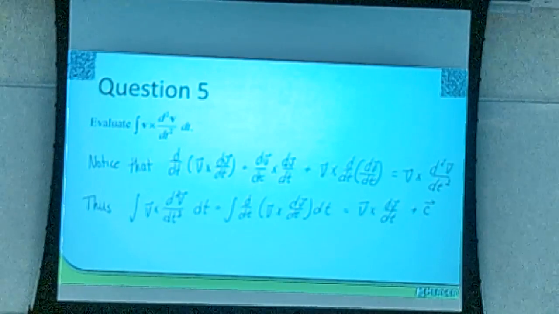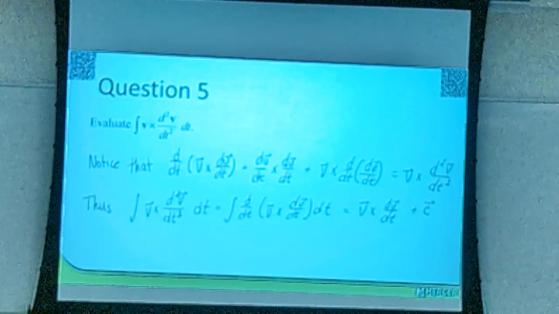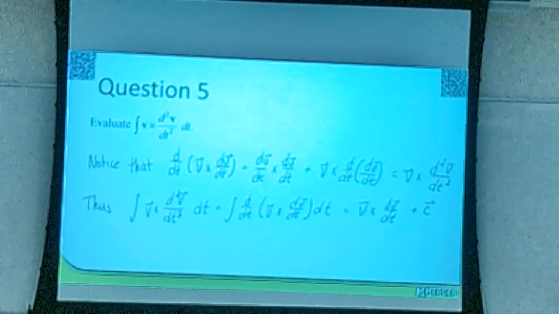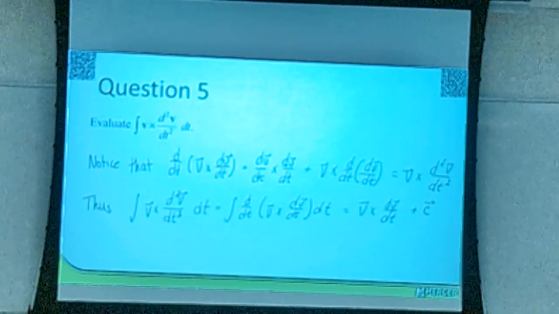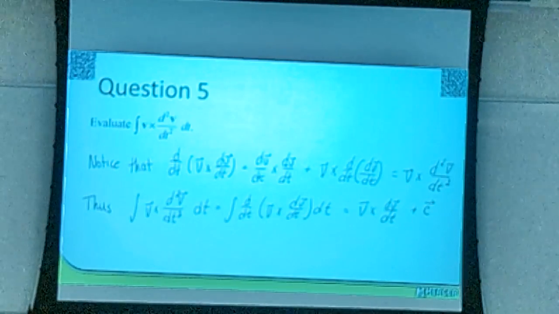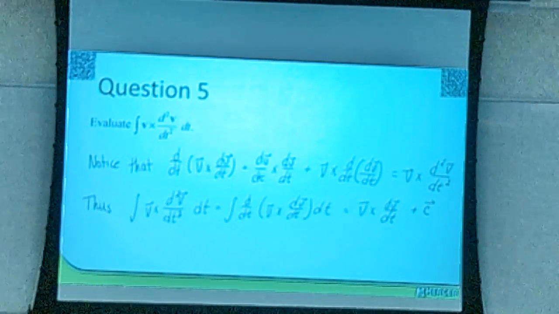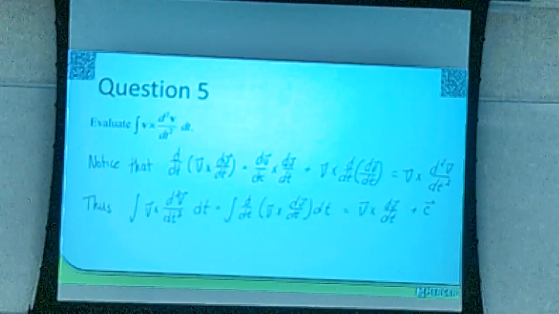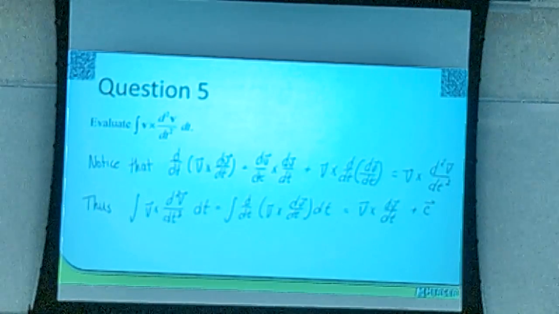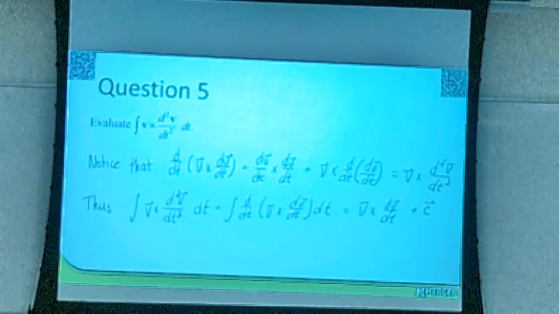Oh, by the way, jerk has a rate of change too. This is definitely really cool trivia. The rate of change of the jerk is the snap. And there's a rate of change of snap. What do you think it's called?